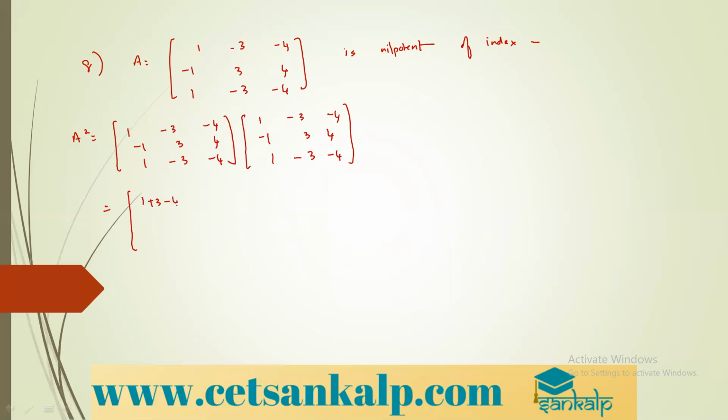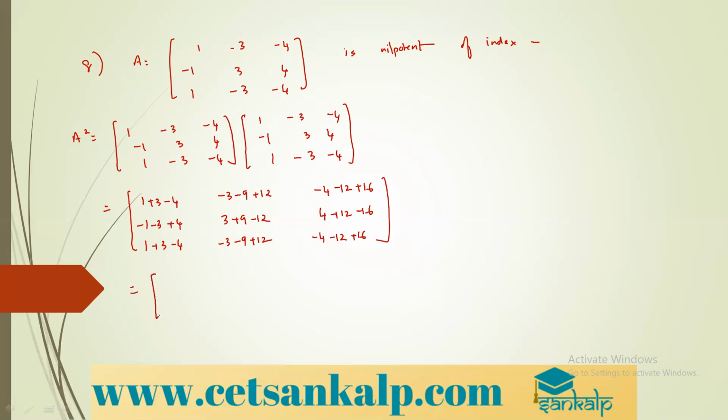1 plus 3 minus 4, minus 3 minus 9 plus 12, minus 4 minus 12 plus 16, minus 1 minus 3 plus 4. You must be able to do multiplication so quickly. 3 plus 9 minus 12, 4 plus 12 minus 16, 1 plus 3 minus 4, minus 3 minus 9 plus 12, minus 4 minus 12 plus 16.